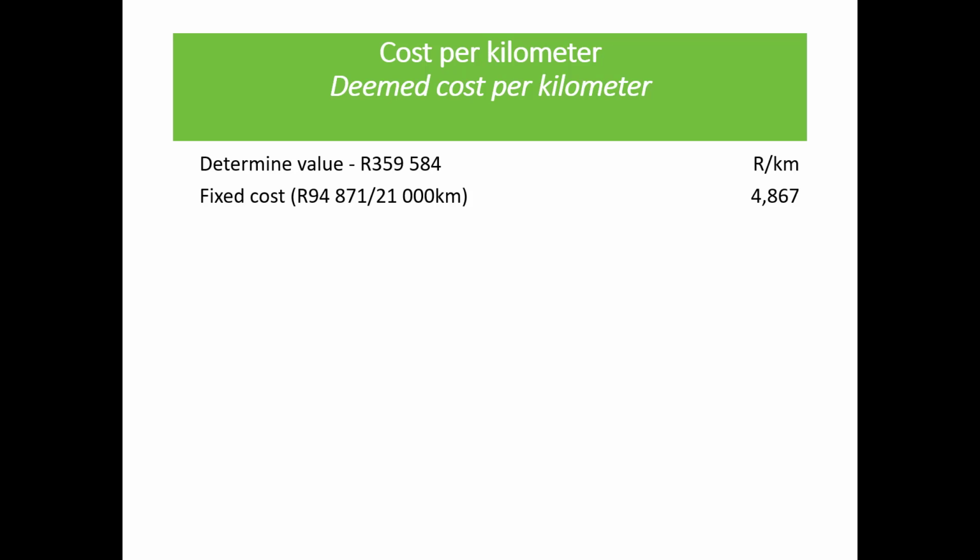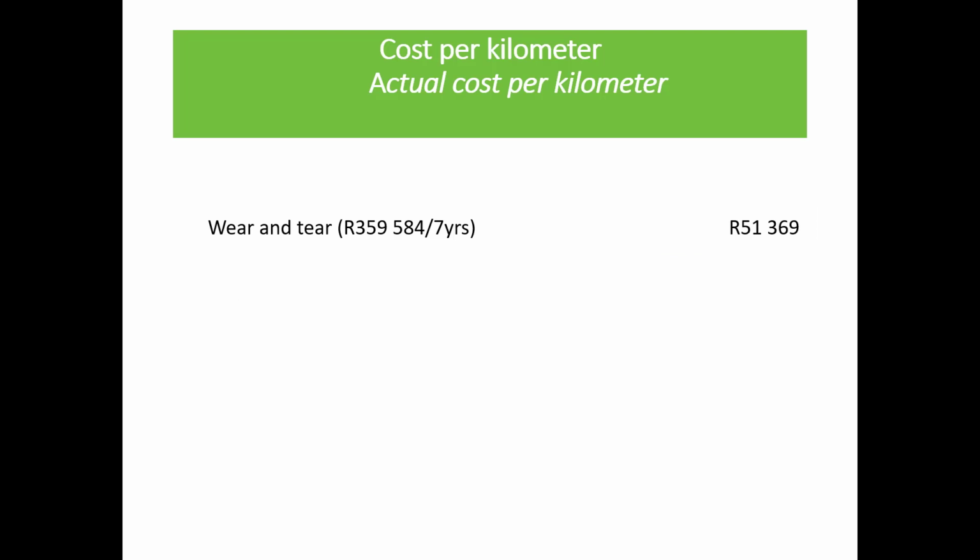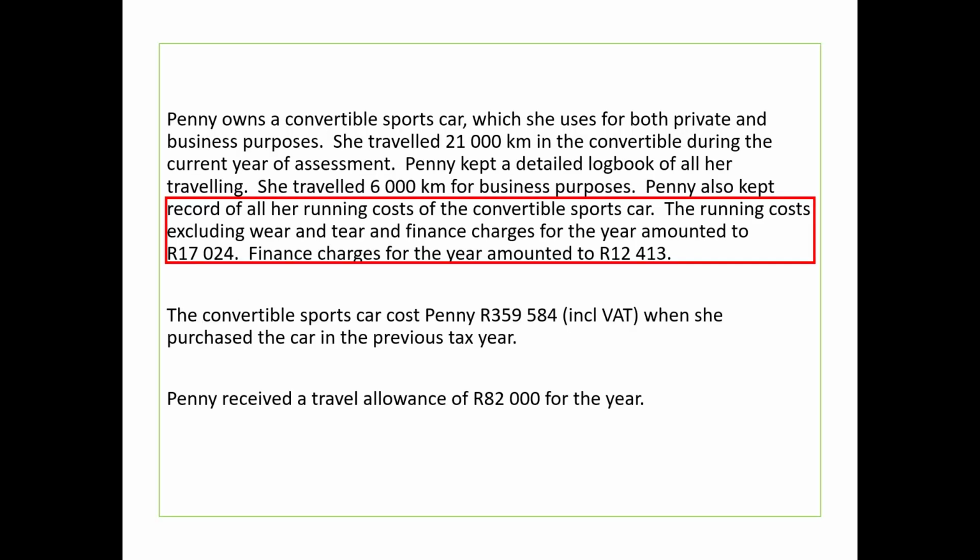Remember, it's the fixed cost, so we'll need to divide it by the total kilometers traveled for the year of assessment, which is the 21,000 kilometers. Where do we get this amount? So if we quickly look at our information provided, we were told that the taxpayer had traveled an amount of 21,000 kilometers during the year of assessment.